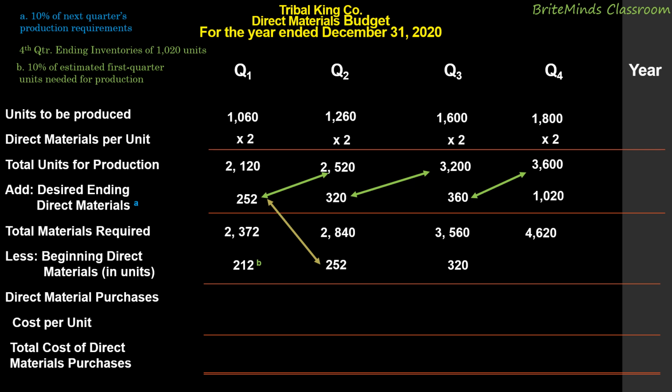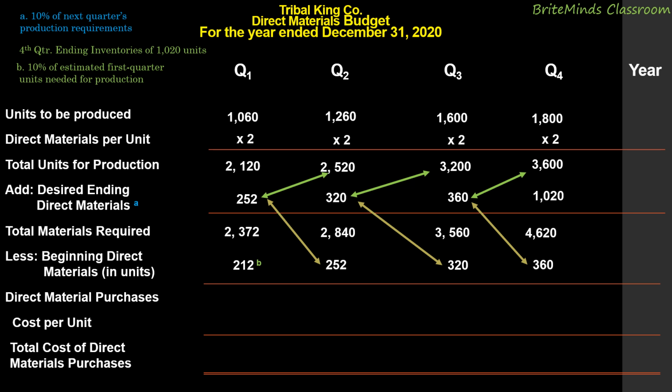So for the next quarter, which is quarter 3, it will become the beginning direct materials. So I hope you are not confused, guys. Okay, so you just follow the arrows. And then for quarter 4, the ending inventory of direct materials in quarter 3, which is 360 units, will become the beginning inventory for quarter 4, which is 360 units.